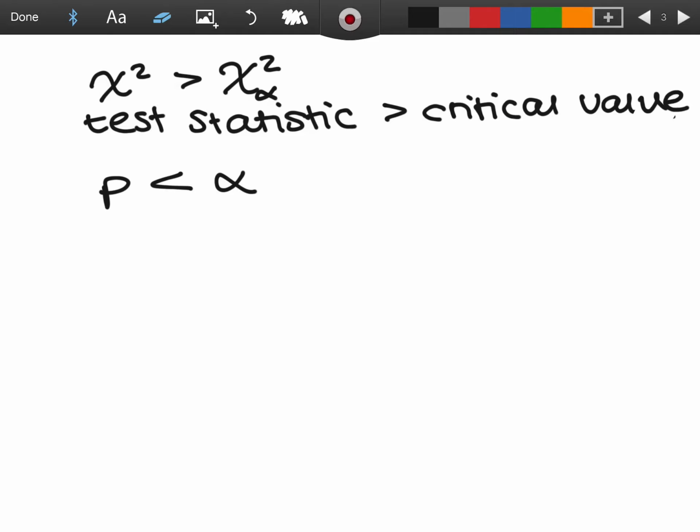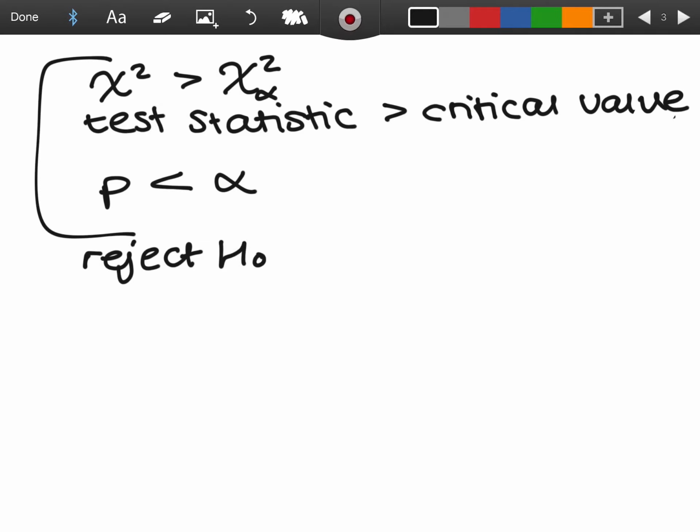In both these cases, I would reject my null hypothesis. So it's exactly the same as in 16.2: either the test statistic is greater than the critical value or p is less than alpha, and then I reject the null hypothesis. Any other values that I get, I would fail to reject the null hypothesis.